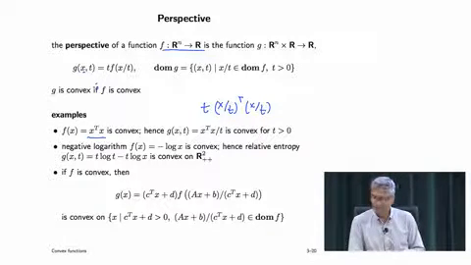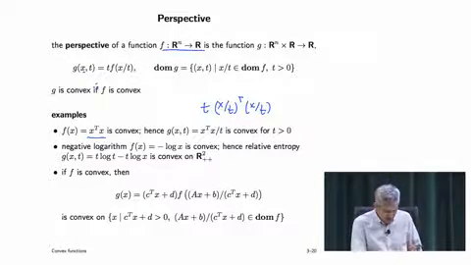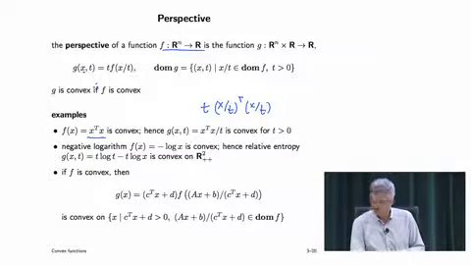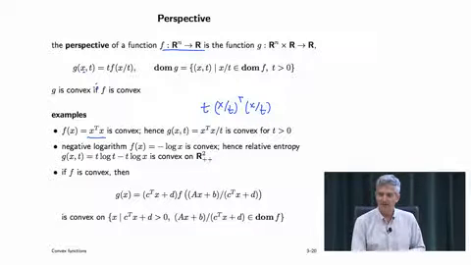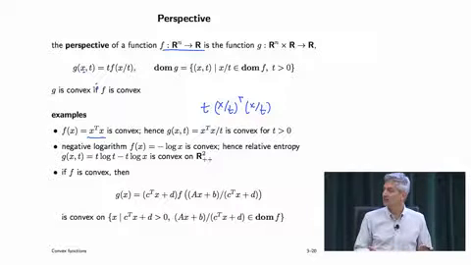Now you remember we showed x squared over y was convex when y is positive before. It's got various names, like quadratic over linear. We did it by calculating a Hessian, which was fine, it doesn't kill you to calculate a Hessian. But here it follows instantly from the perspective mapping.